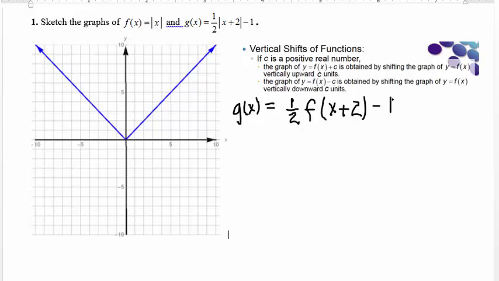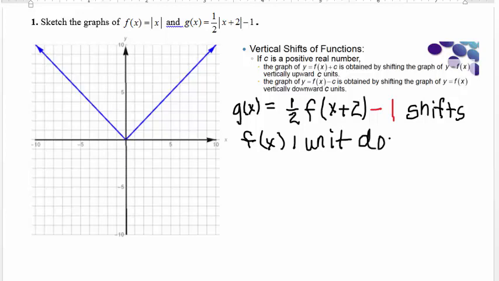And so we see that g of x, and I'm going to highlight by making it red, this is the part of the graph that is the vertical shift, this red part. So g of x shifts f of x 1 unit down, since I'm subtracting the positive number 1 from f of x.